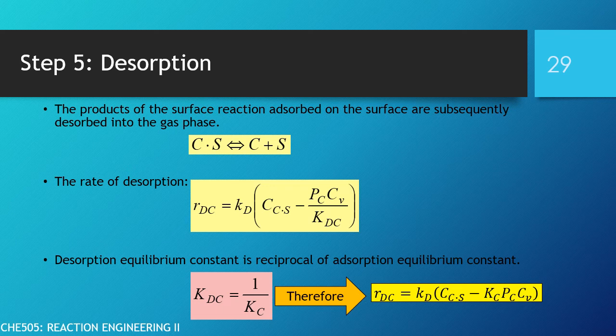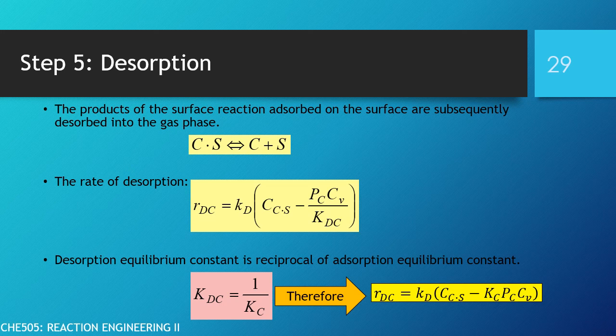So K_DC, the equilibrium constant for desorption of C, equals 1 over the equilibrium constant of adsorption of C. So rearrange the rate of desorption as the equation in the yellow table.